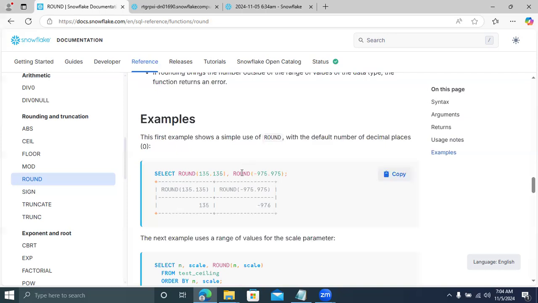Now, if you look at the round of minus 970.975, it is giving minus 976. Now, based on the two results, you have to say whether it works on the ceil or the floor.